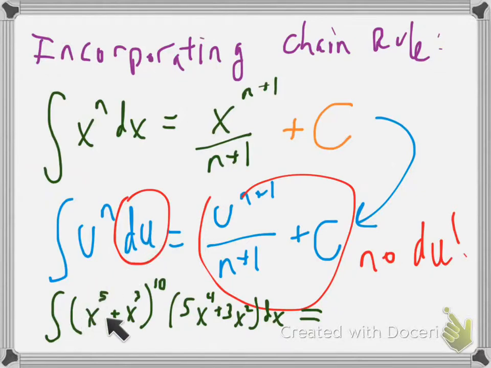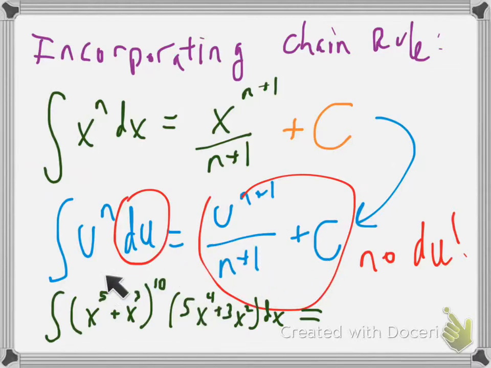Because notice that if you take the derivative of x to the 5th plus x cubed, which is our u, so if we find what du is, the derivative of x to the 5th plus x cubed is 5x to the 4th plus 3x squared. So we've got our du here, which is what we need, and it's just about to go away.